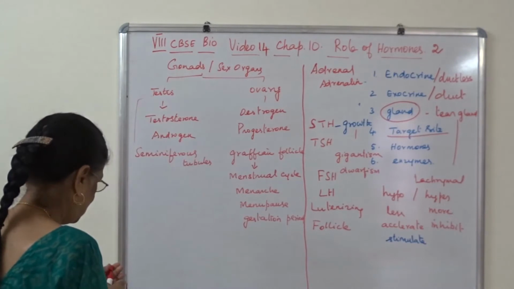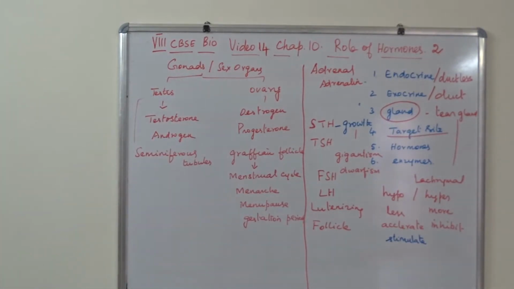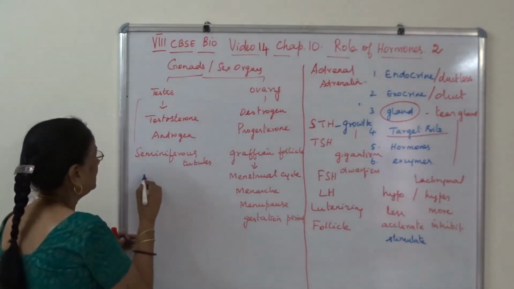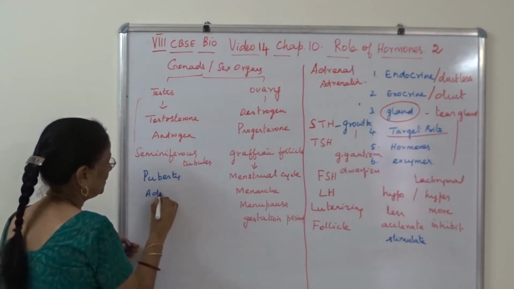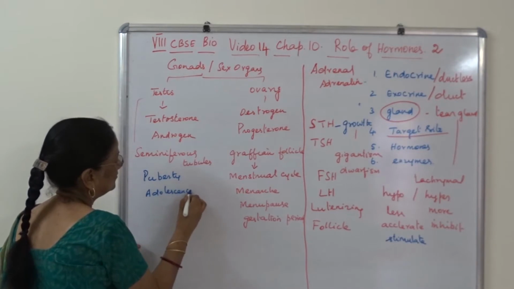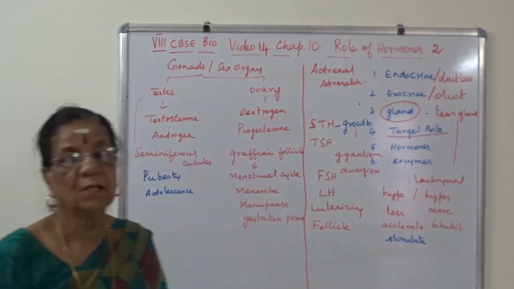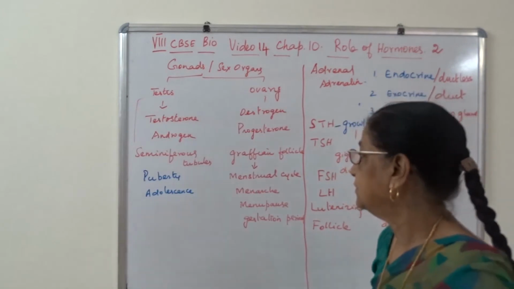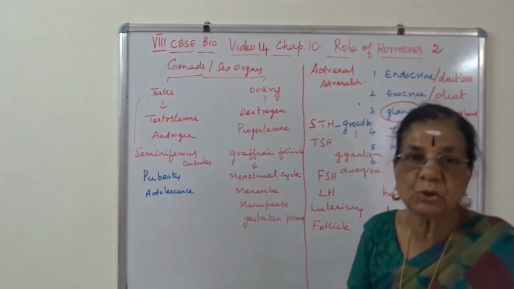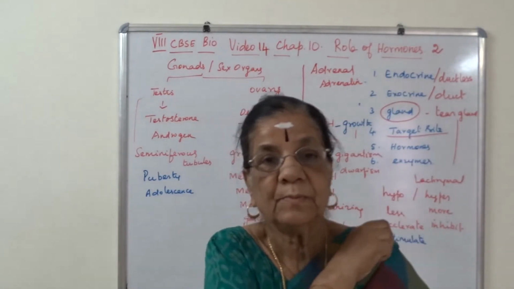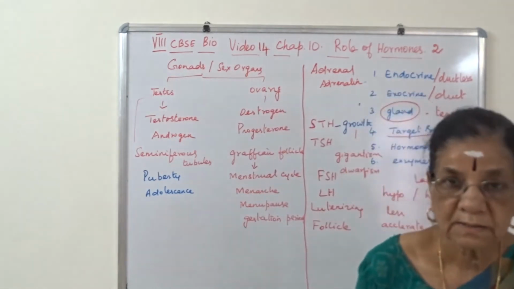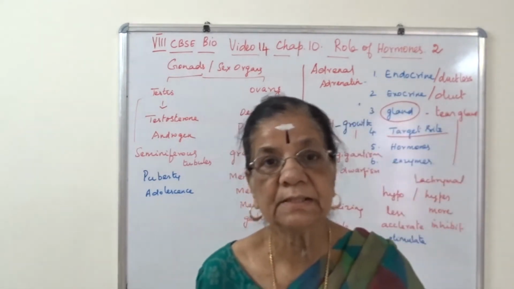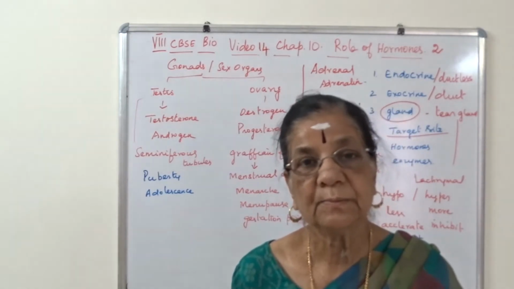And then we come across another two terms, puberty and adolescence. So when the testis matures, normally from day 1, when the sex is determined as male, the testes will start developing right from the pregnancy.